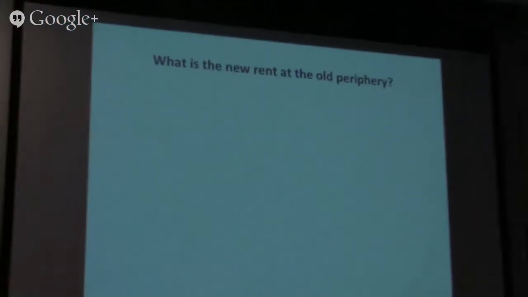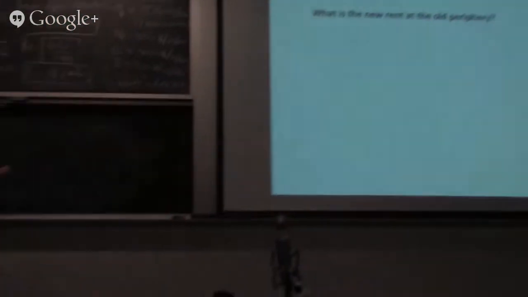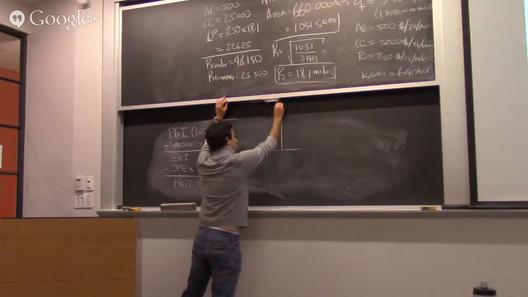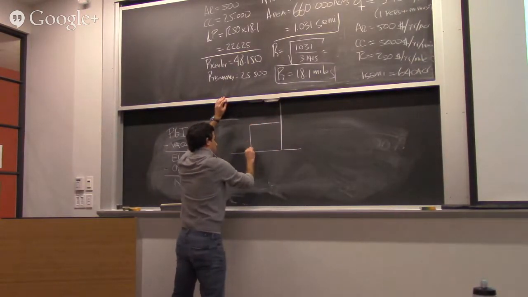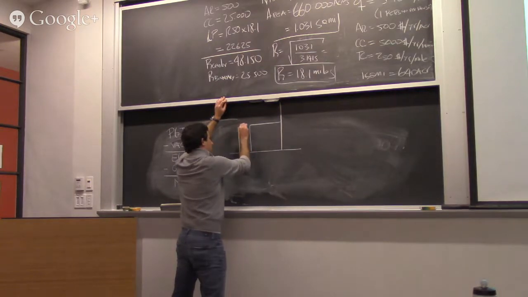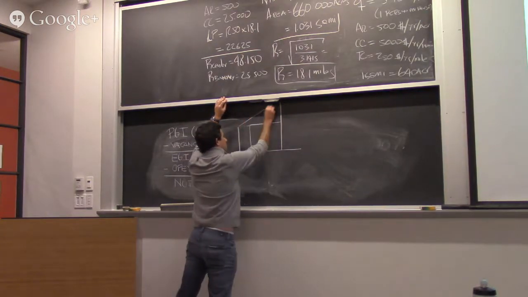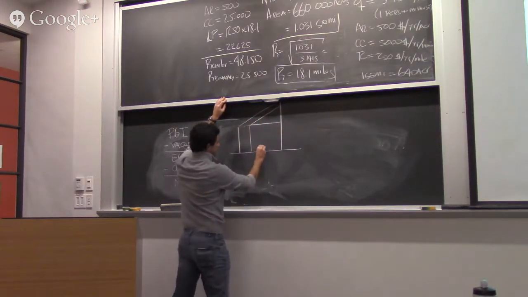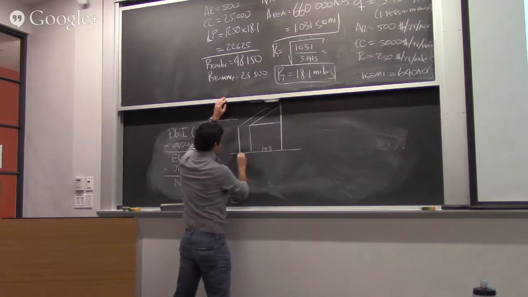So let's just do a little diagram of what we have so far. It's the rent sum, so it's 250 plus 26.